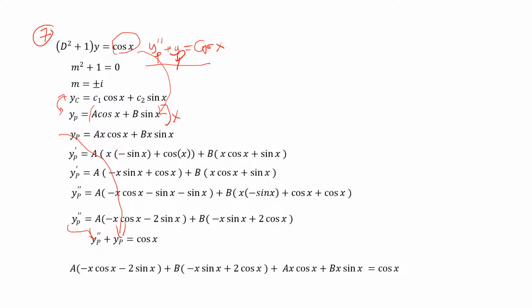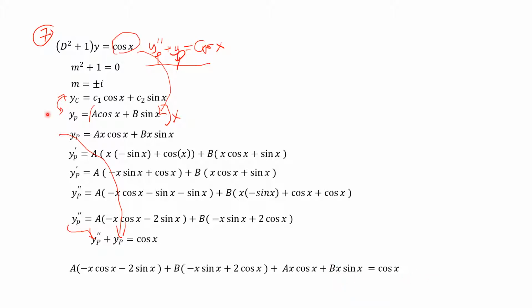This is yp double prime, that is a times negative x cosine x minus 2 sine x plus b times negative x sine x plus 2 cosine x, plus your yp, that is ax cosine x plus bx sine x, equals cosine x.